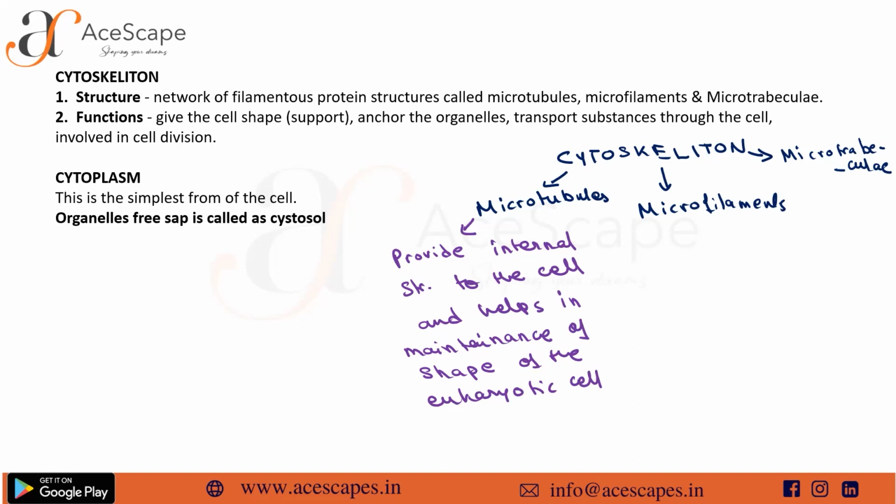Then come microfilaments. By name, you can say that they are filaments. They are more slender, cylinder-like structures. They are made up of the contractile protein called actin.